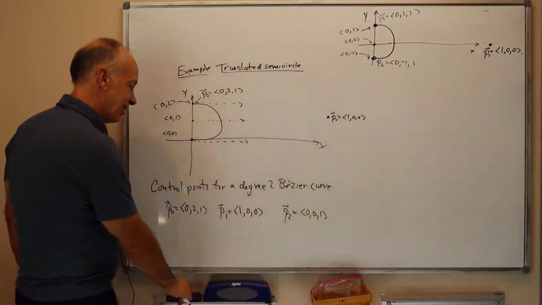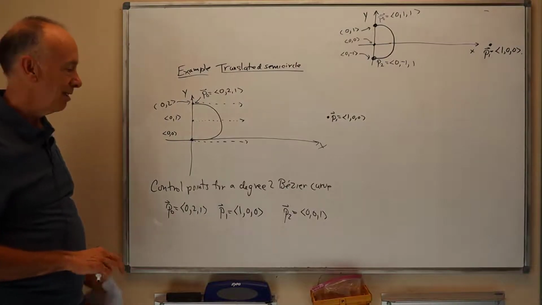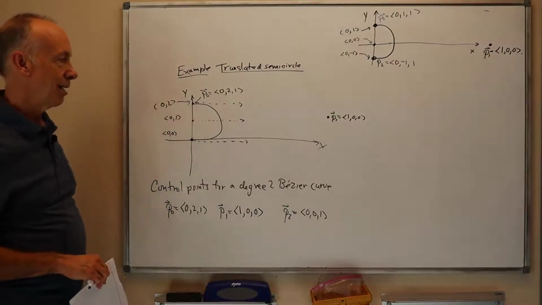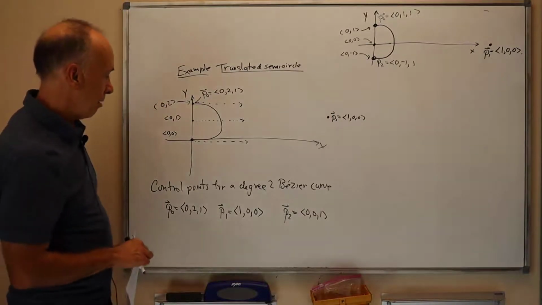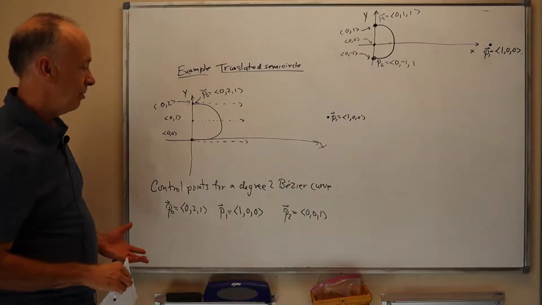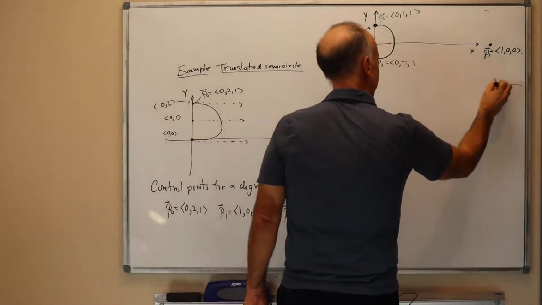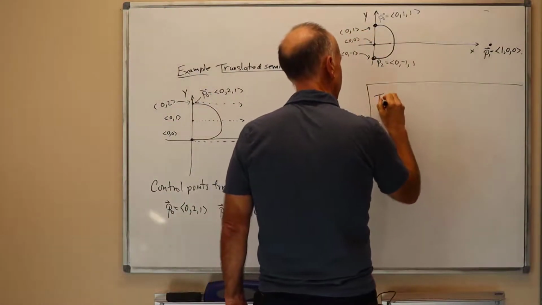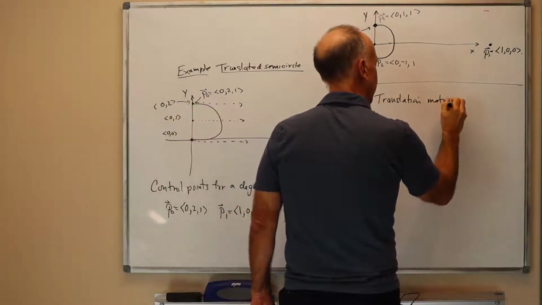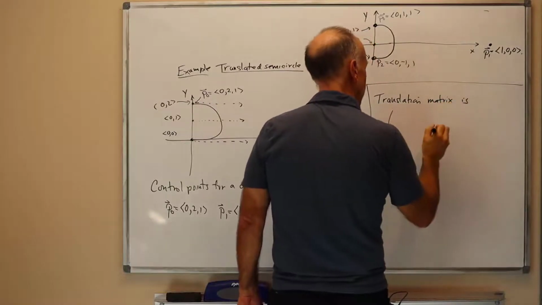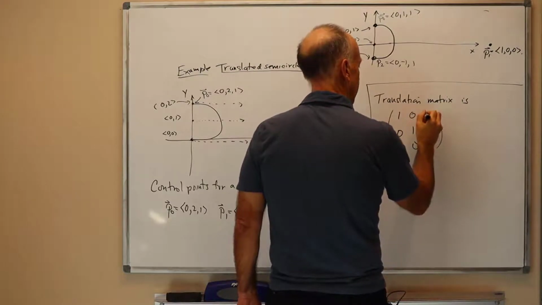So this is the intuition. You may start to worry whether this intuition is correct. You can easily plug in these numbers and find out it's correct, but let's try to be a little more scientific and find some method for doing this rather than just guesswork like I did here. So to get a method or formula, the translation matrix that acted on the semicircle is [1, 0, 0; 0, 1, 1; 0, 0, 1].